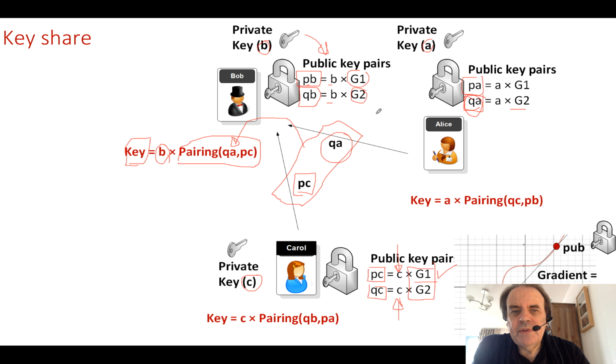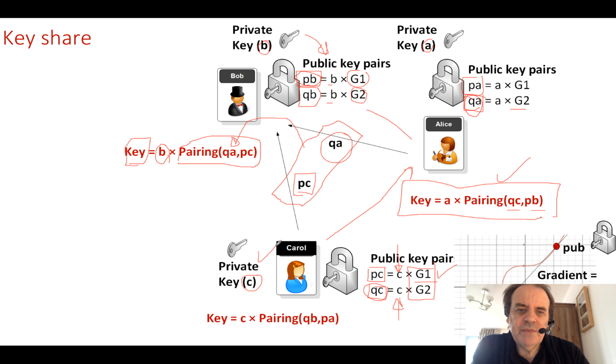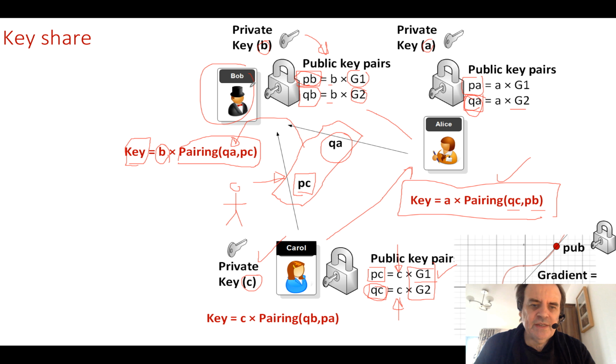So same again happens with Alice. Alice will get, say, Bob's PB key, and Carol will send her QC key. She will multiply by the a value, and they'll all end up with the same secret key. So even though Eve is listening to the communications, she cannot determine what the shared key is for Bob, Alice and Carol.